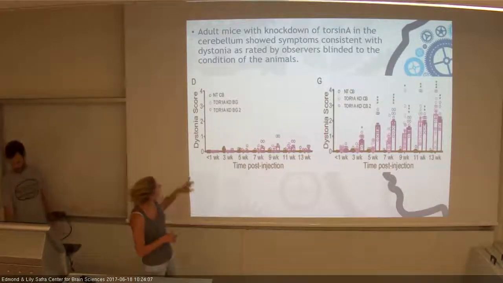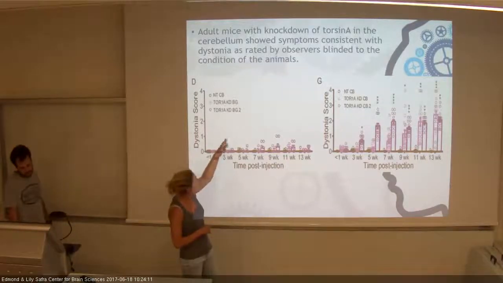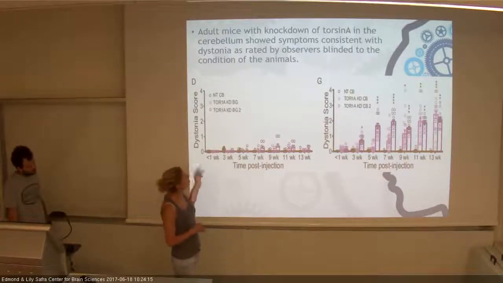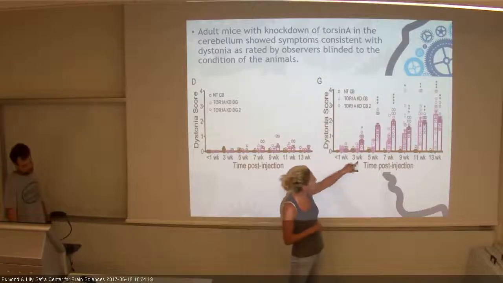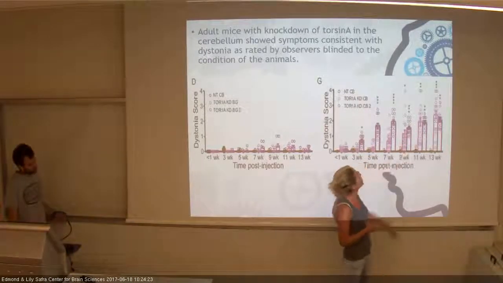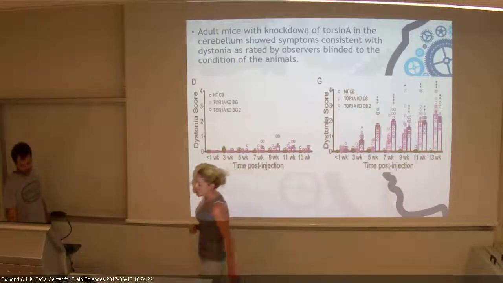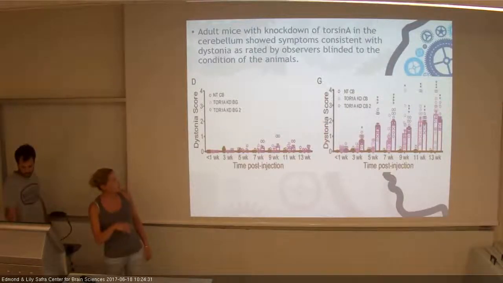And as you can see, even 13 weeks after the injection, in the basal ganglia, they don't see any dystonic symptoms. But when they targeted the cerebellum, even 3 weeks after, and of course 13 weeks after, we have a really high score for dystonia. And this was one of the major results that they got.